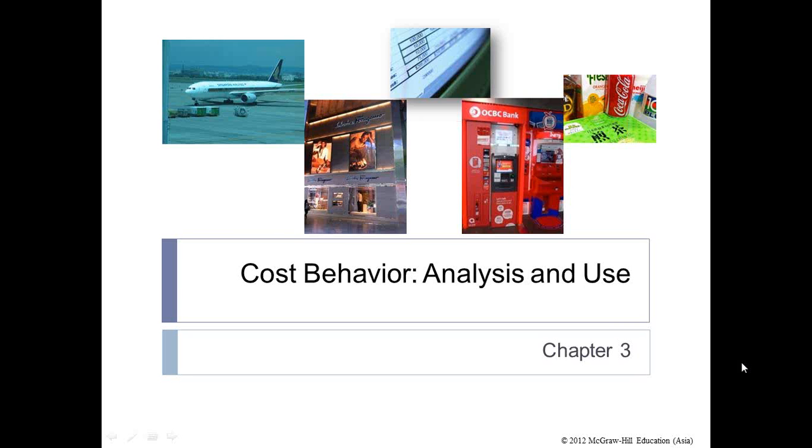When we understand how behavior works, the world of accounting and the world of business and nonprofits becomes much, much more clear. So we will be talking about fixed costs, variable costs, mixed costs, and the proportions with which those constitute an organization's cost structure.